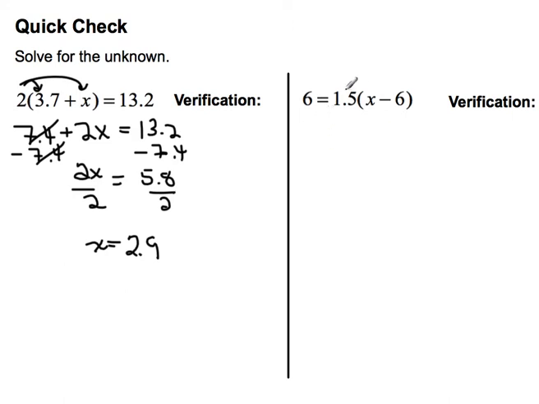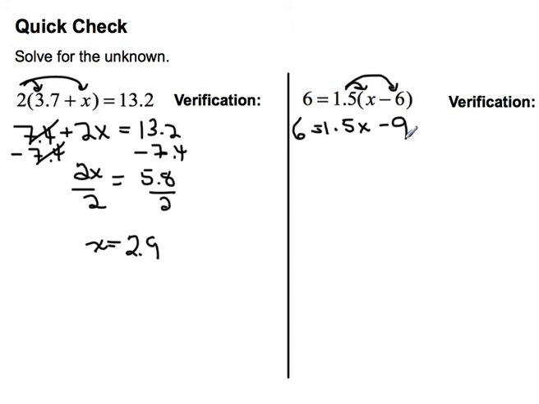Okay, so I'm going to open this one up. The brackets are just on the right hand side, not a big deal. 1.5x, and I believe that is 9. I'm just going to make sure though. Not bad. 1.5 times 6 is 9.